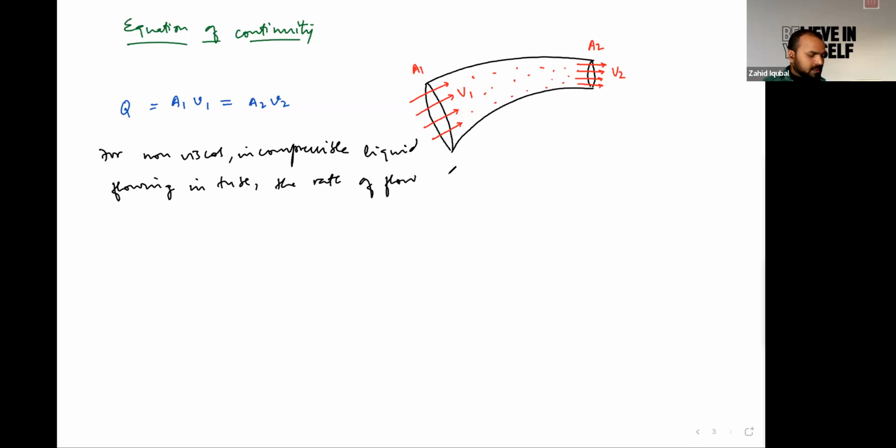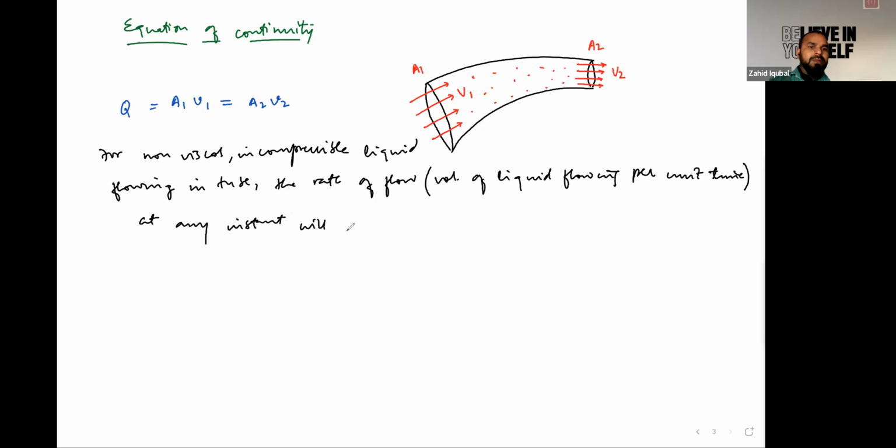Rate of flow of liquid means volume of liquid flowing per unit time. Volume of liquid flowing per unit time at any instant will be constant, or it will be the same.